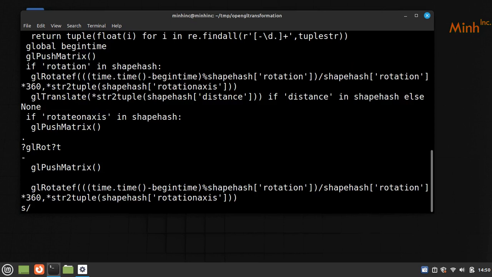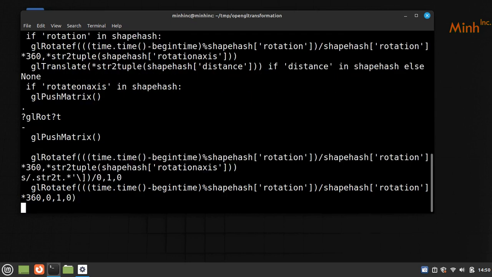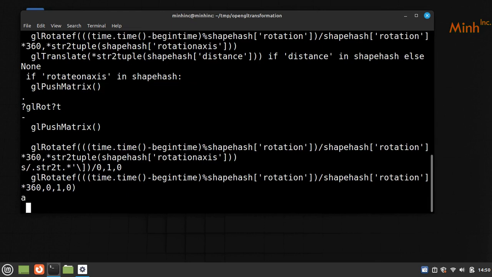Okay, so instead of str to tuple, it is a fixed axis, that is 0 1 0. Okay, I think that's it.